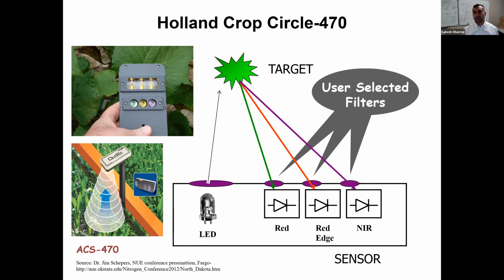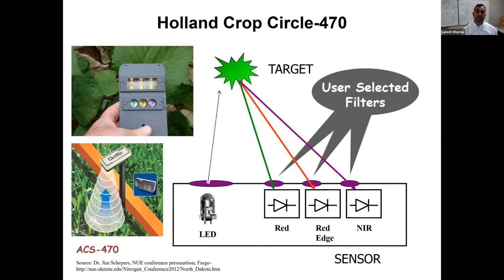Similarly, part of your sunlight is absorbed by the plants and partly reflected from the plant. So the LED source from this sensor emits a light on the crop, and some part is absorbed and some part is reflected, and the sensor has 3 or more filters that absorb the reflected light. And the reflection of the light depends on how healthy your crop is.